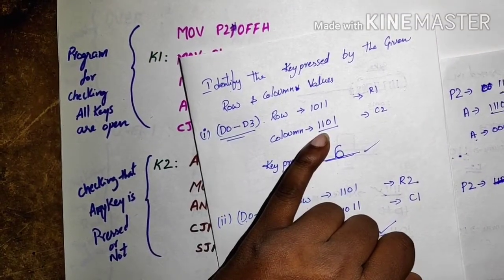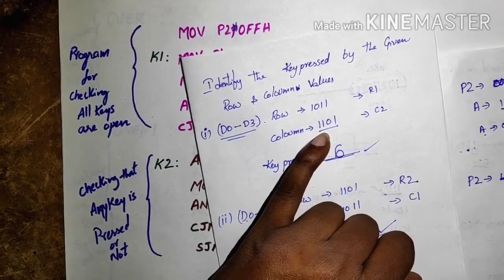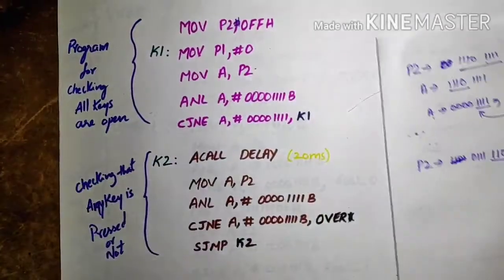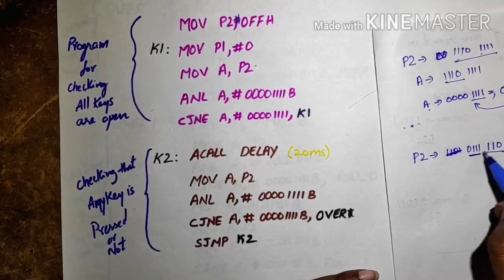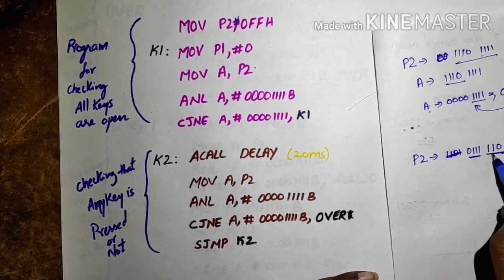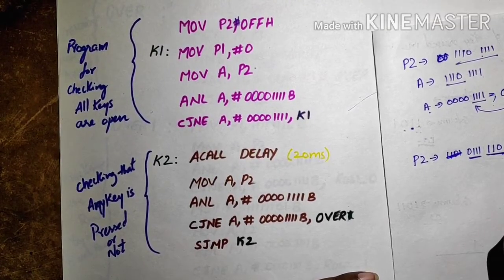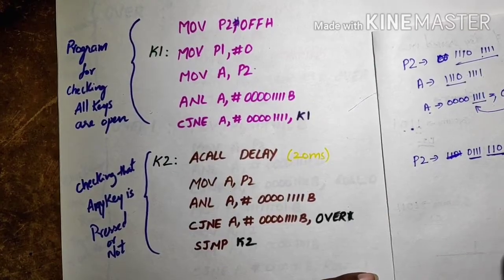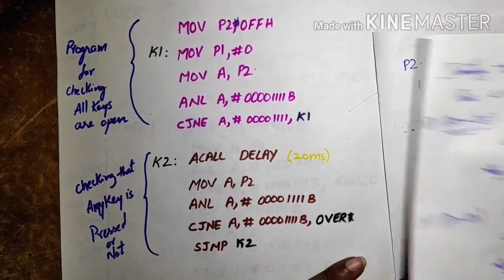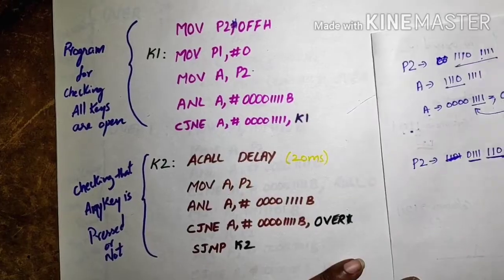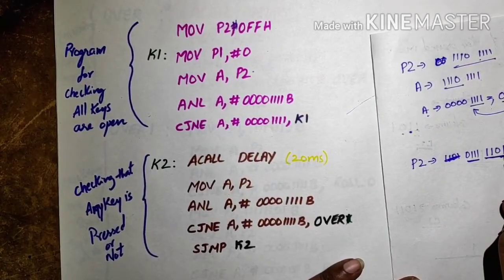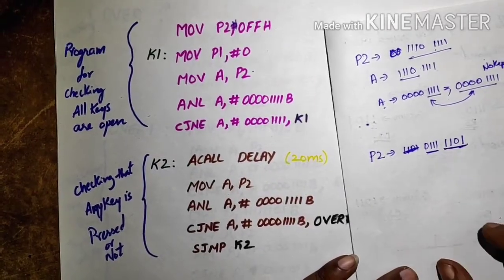We don't bother about the MSB bits, we only care about the LSB bits because these 4 bits are connected to our columns. So when we press 6, the column value will be 1101, so the LSB values will be 1101 here.